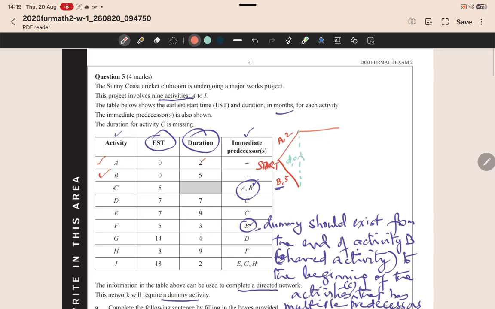So that is C, and the duration of C we don't know. Now, we have drawn C. Now D takes off from C. So let's say that was the vertex here. D takes off from there, and the duration of D is 7.